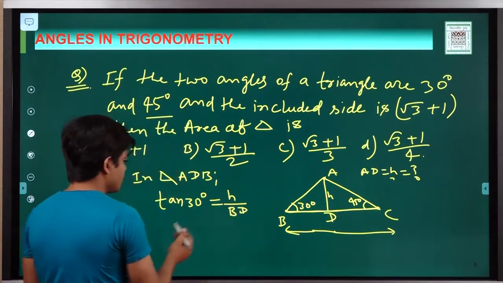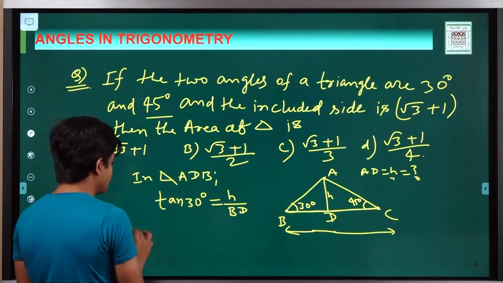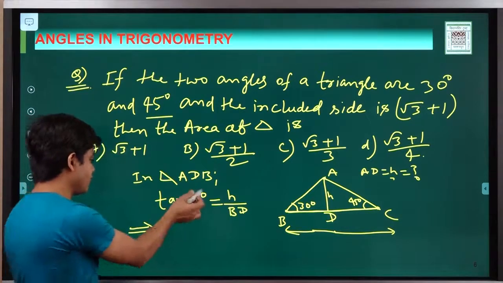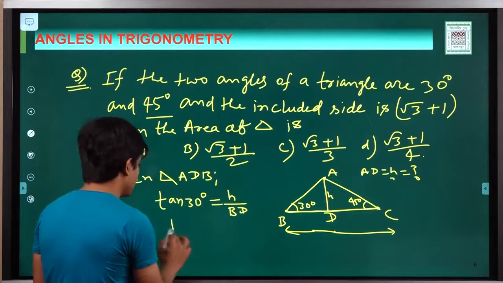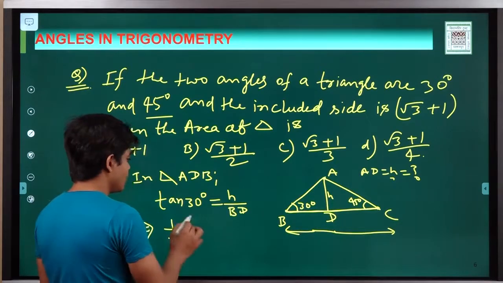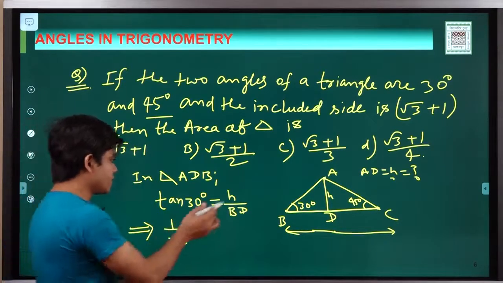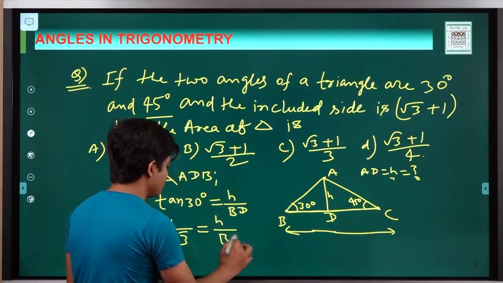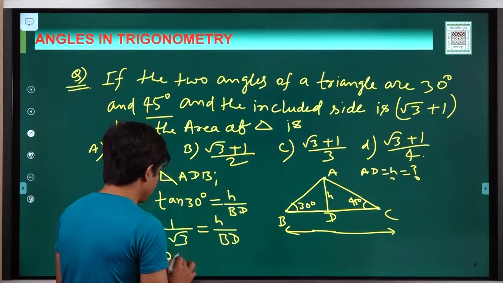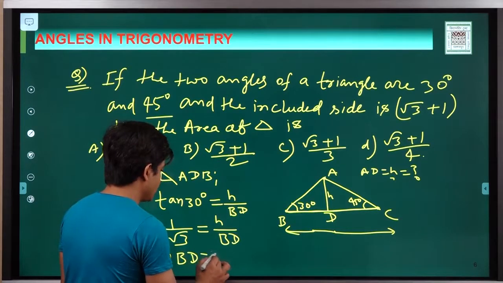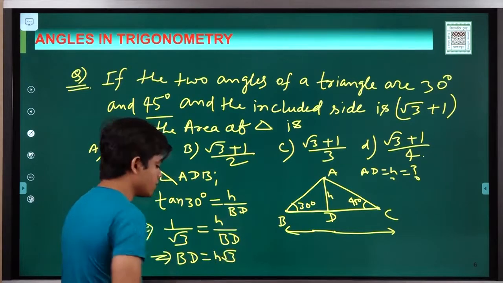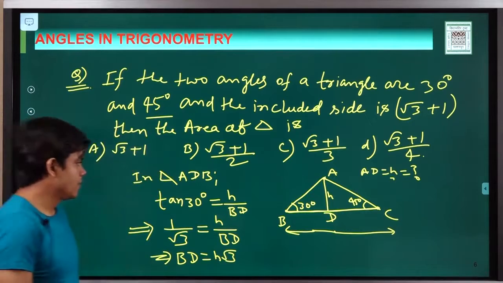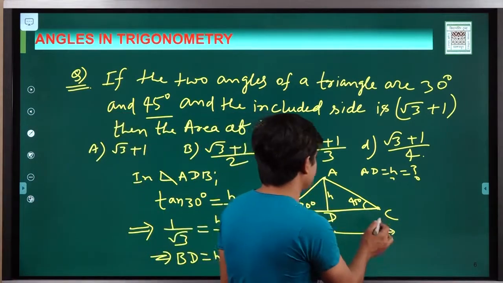I hope you know the value of tan 30 degree, which is 1 by root 3. And this tan 30 degree will be equal to H upon BD. So our BD will become H root 3.